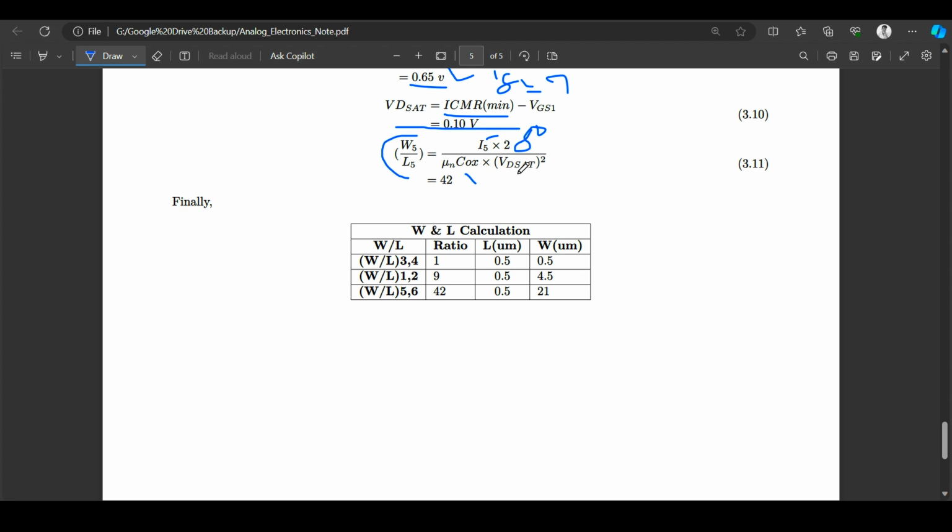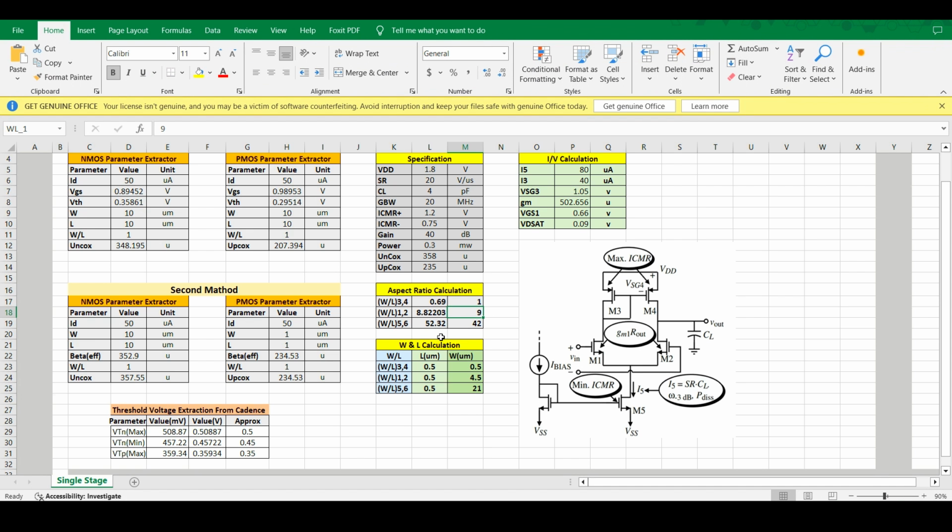I know the mu n Cox. I know the VDSAT. Then I can easily calculate. If I put all these values, I get the W by L ratio.